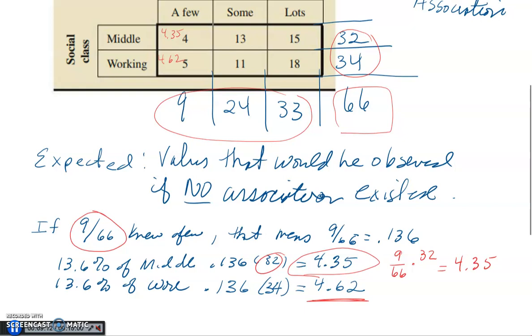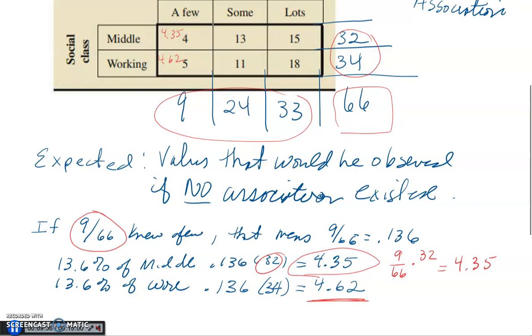So if you take 9 times 32 and divide by 66, you will get about 4.36. There was more rounding here to get us the 4.35, but we were very close.